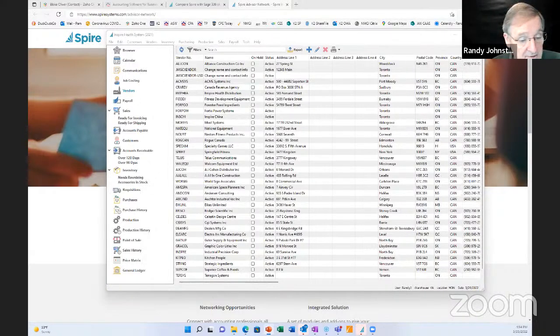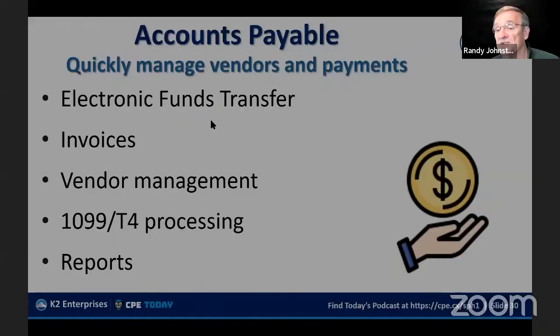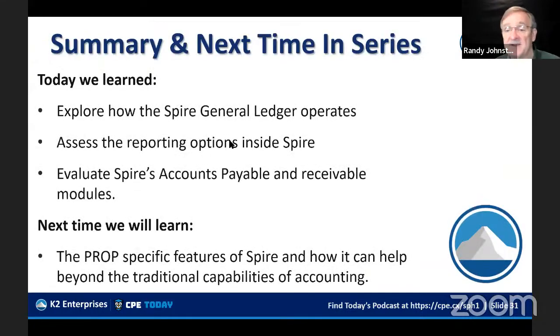So what I'm going to do is resume for just a minute inside the presentation. And what we've discovered, I hope, is that we've got a little bit of an insight of how Spire's General Ledger operates. We also looked a bit inside the accounts payable and accounts receivable modules.